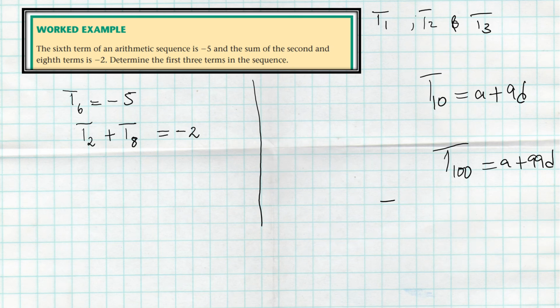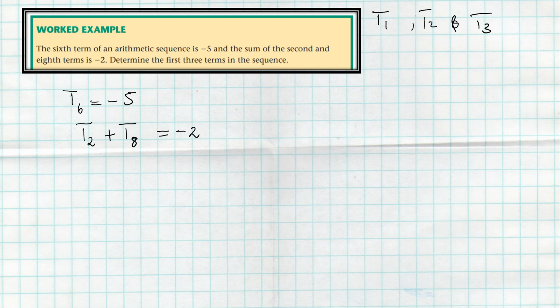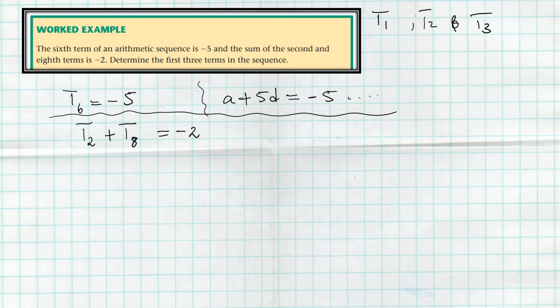We have term number 6 is equal to minus 5. We can express term number 6 in terms of A and D. According to the trend it will be A plus 5D equals minus 5. So this is our equation 1. What is your term 2? It's A plus 1D.